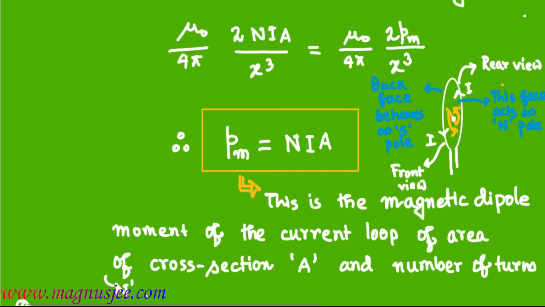So the same coil consists of a south pole and a north pole, and so it is called a magnetic dipole. A current carrying circular coil behaves as a magnetic dipole having two poles, south pole and north pole. And we know that the dipole moment acts from south pole to north pole. That means from back face to front face, from left hand end to the right hand end.